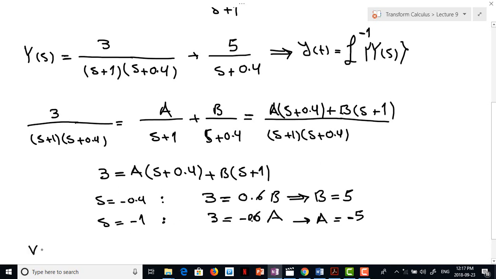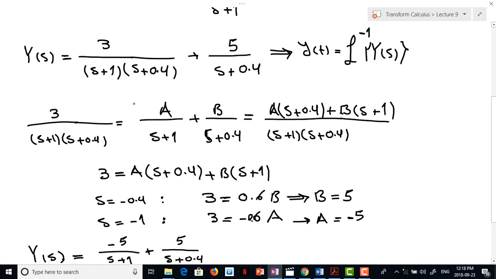So Y(s) is equal to, so we found the partial fractions of 3 over (s plus 1) times (s plus 0.4). It's equal to A, which is minus 5, divided by s plus 1, plus B, which is 5, divided by s plus 0.4.